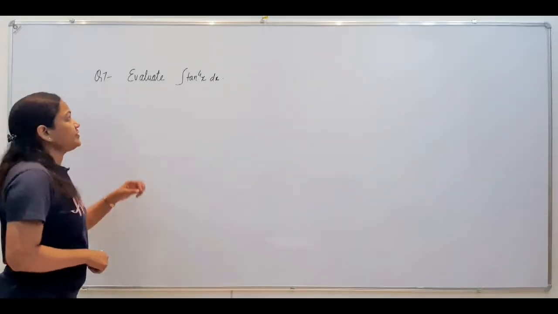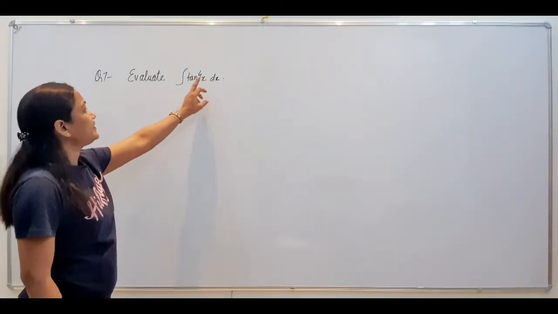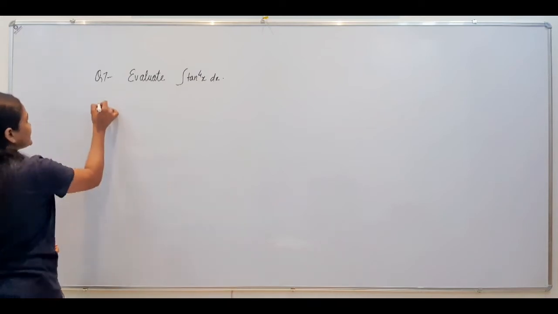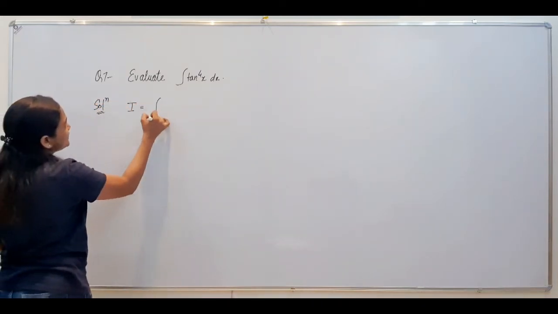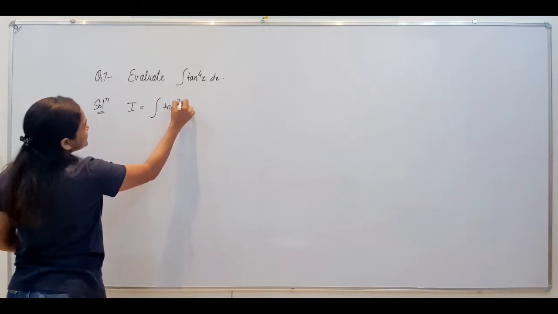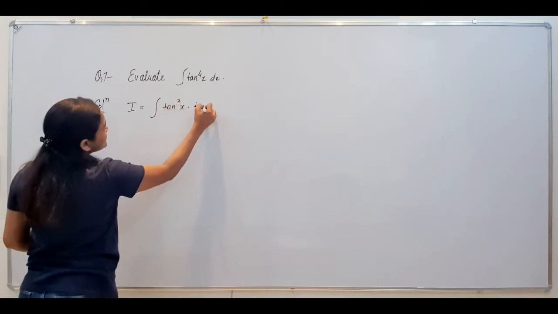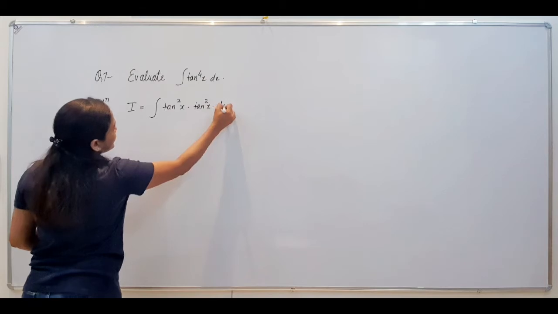In the seventh question, you have to evaluate the integral of tan raised to power 4 x dx. To integrate this, you will first write it down as tan square x into tan square x dx.